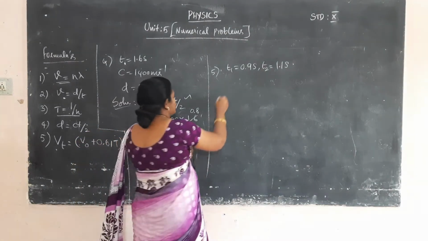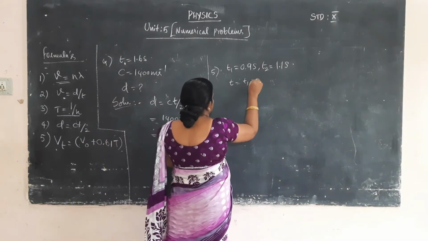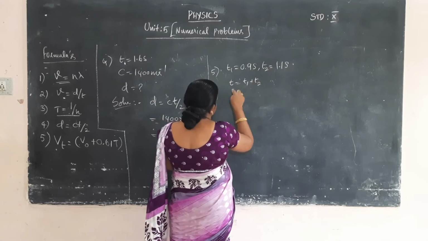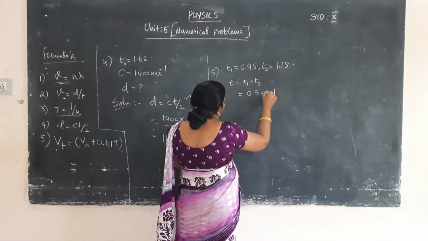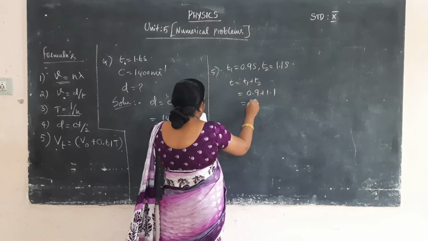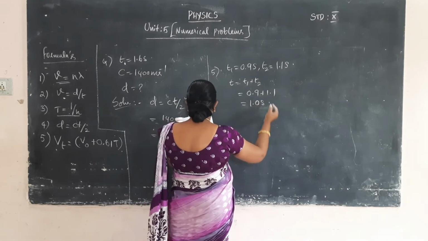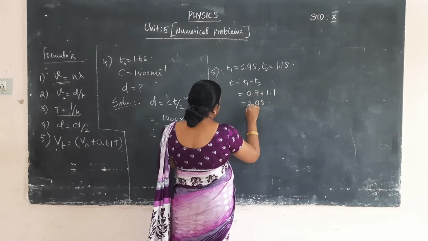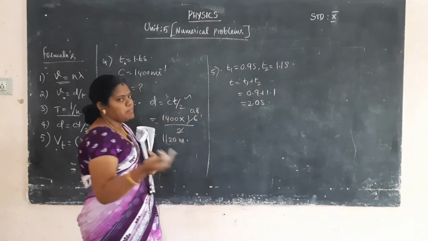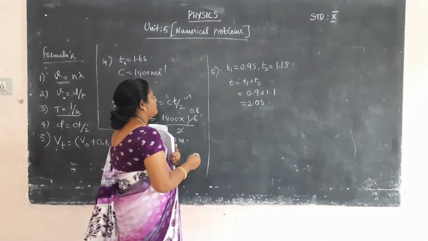So T is equal to T1 plus T2. So 0.9 plus 1.1, that is 2.0 second.